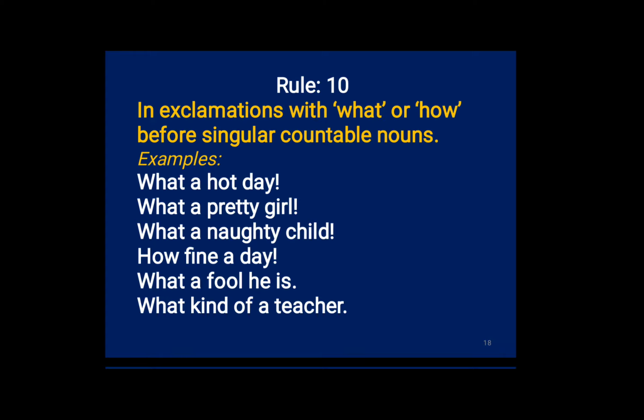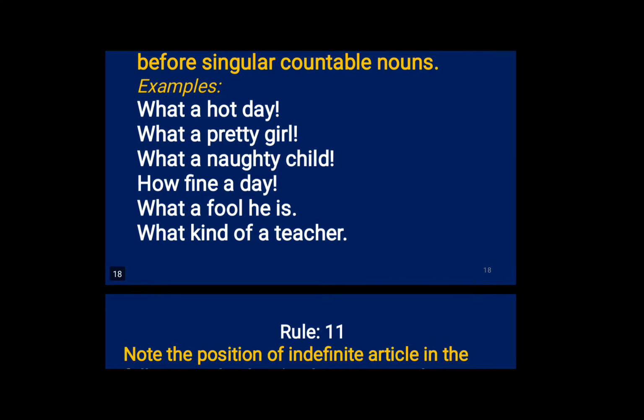Because it's a countable noun, before that we are using the indefinite article a. What a hot day. What a pretty girl. What a naughty child. How fine a day. What a fool he is. What kind of a teacher? What kind of a teacher? So in exclamations with what or how, before singular countable nouns, we use the indefinite article a. That is rule number 10.